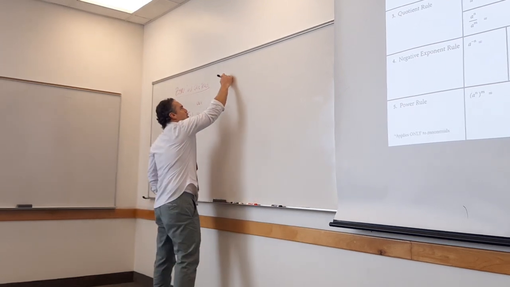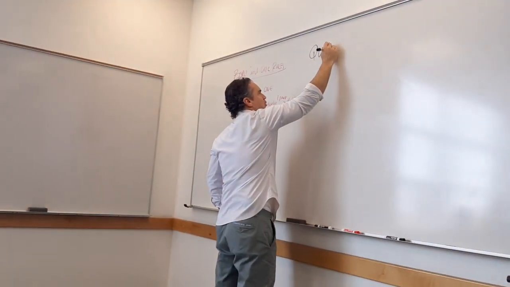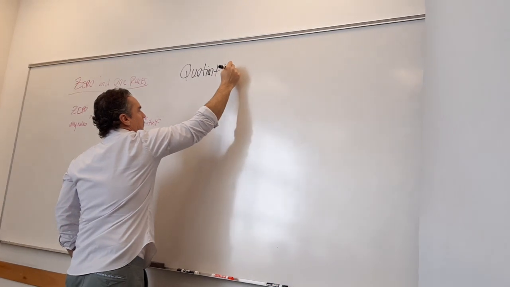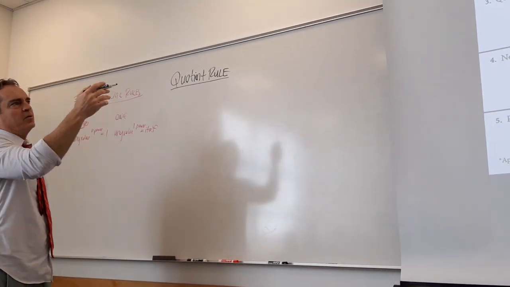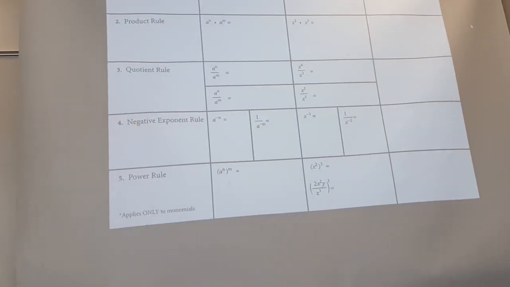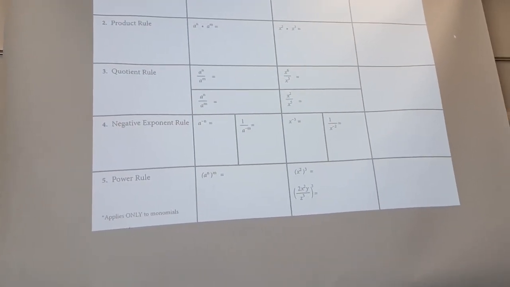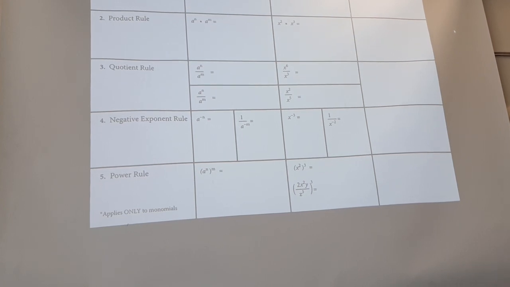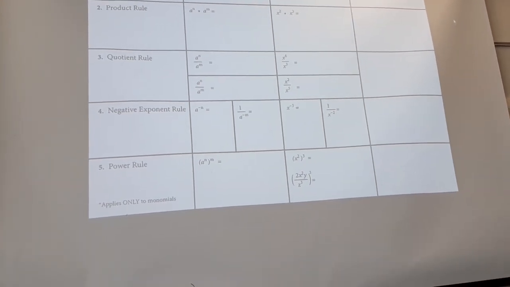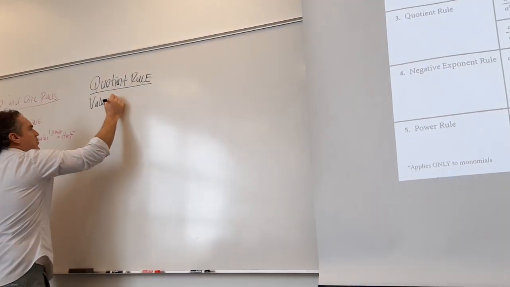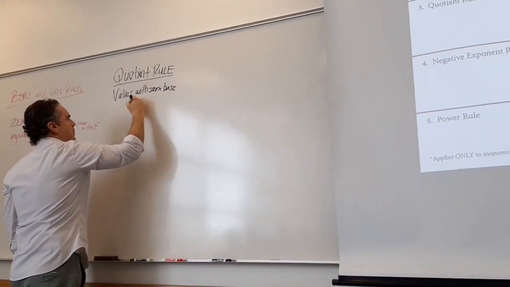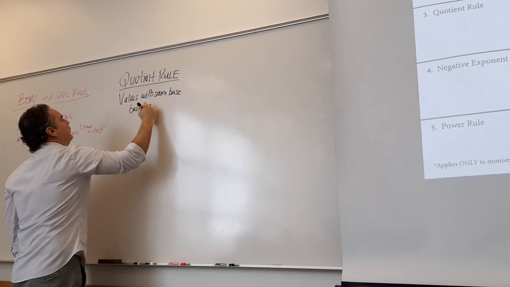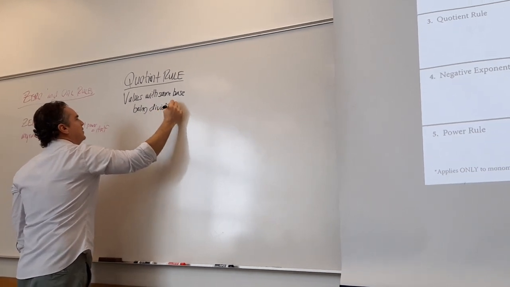So our next rule is called the quotient rule. Let's think about that. What did you write underneath the product rule? Values in the same base being multiplied. So this one is going to say values with same base being divided, because quotient means division.